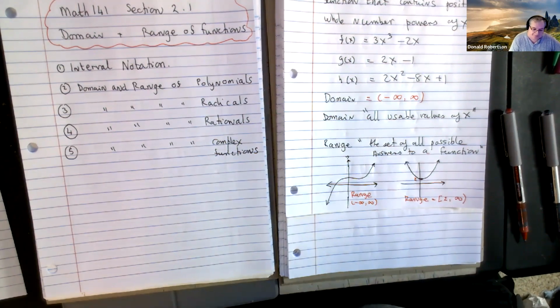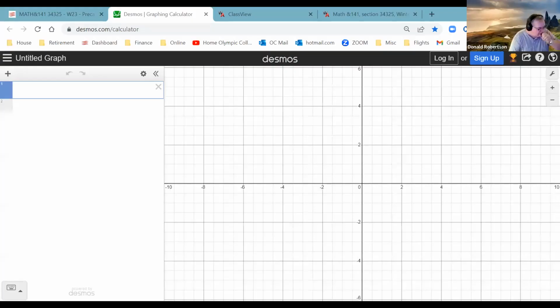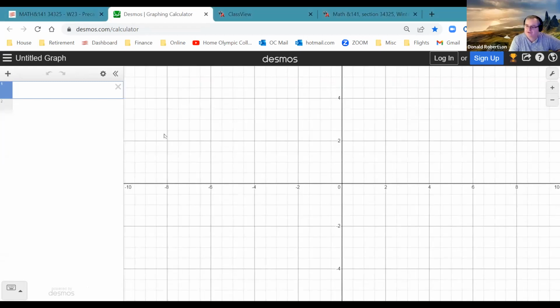So the quickest way is on your calculator, or as I'm going to do right now, on Desmos. Here we go. Are you looking at a graphing program right now called Desmos? Yes.